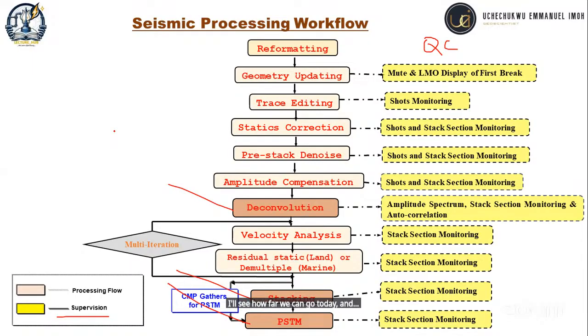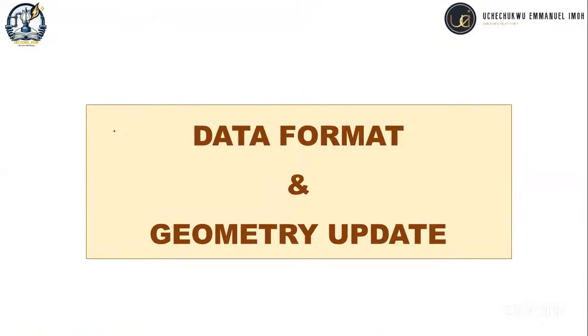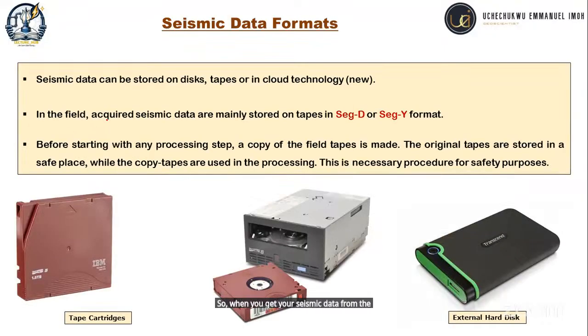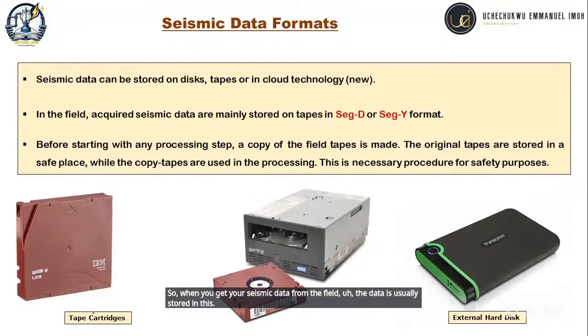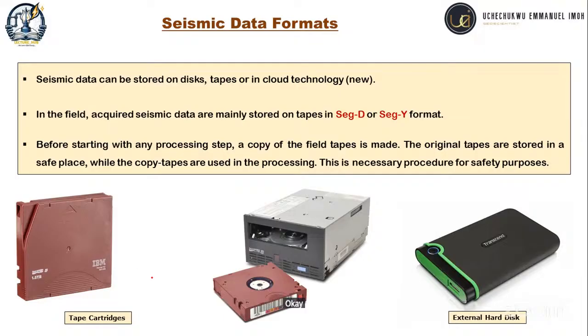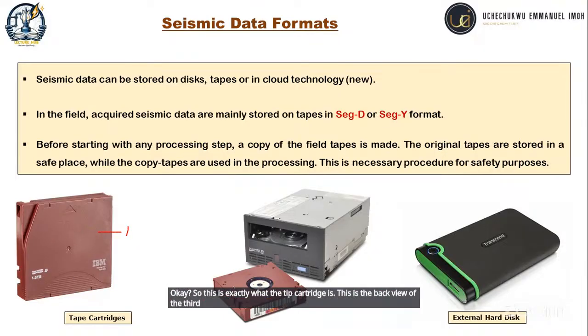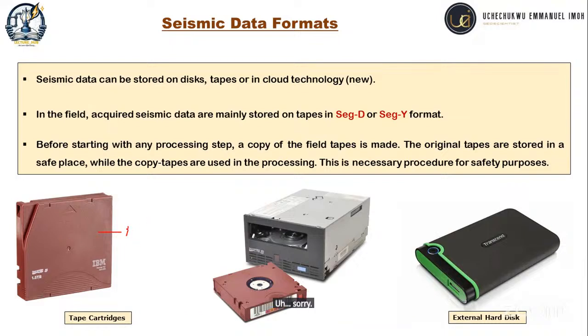Now, data formats and geometry updates. When you get your seismic data from the field, it is usually stored in what we call the tape cartridge. This is exactly what the tape cartridge is: this is the front view, and this is the back view.